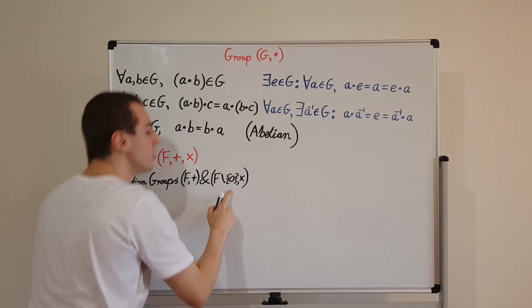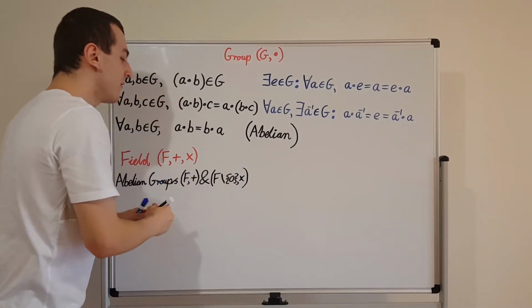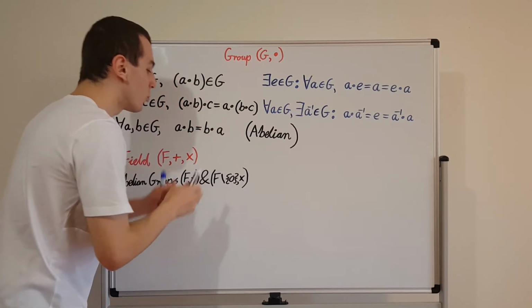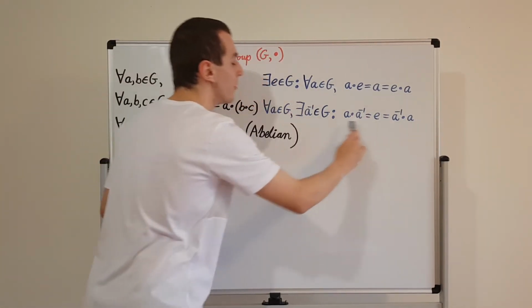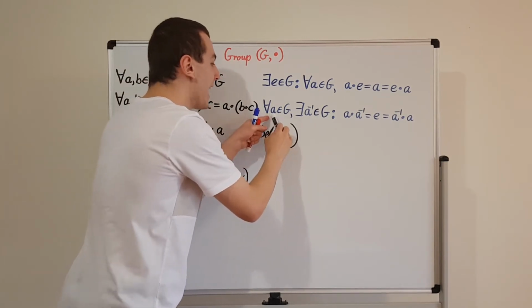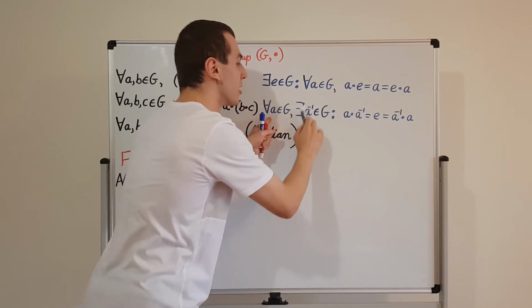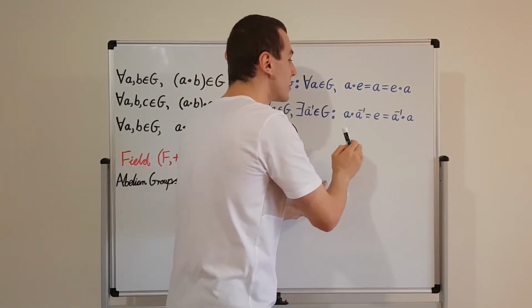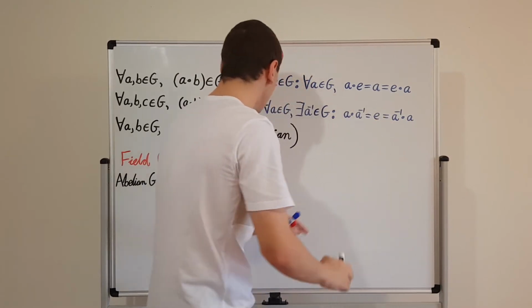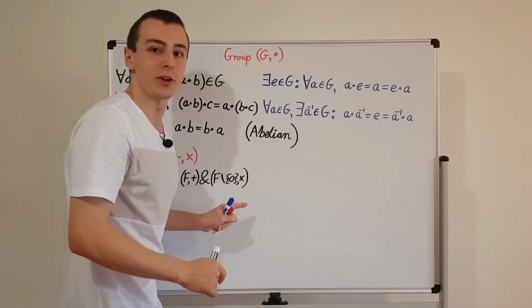And I have to exclude the zero element over here. And there's a reason for that. If I included this zero element, then it would not be a group, because it would violate this axiom over here. I need, for any A in G, there to exist an inverse element in G, such that if I take the element A times the inverse, I need that to be the identity.